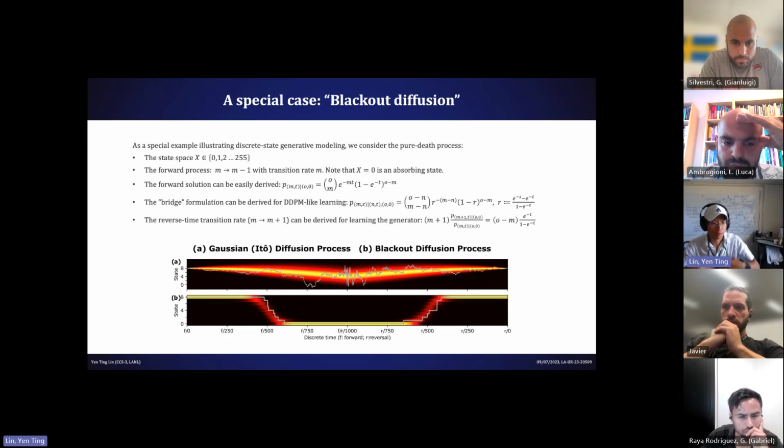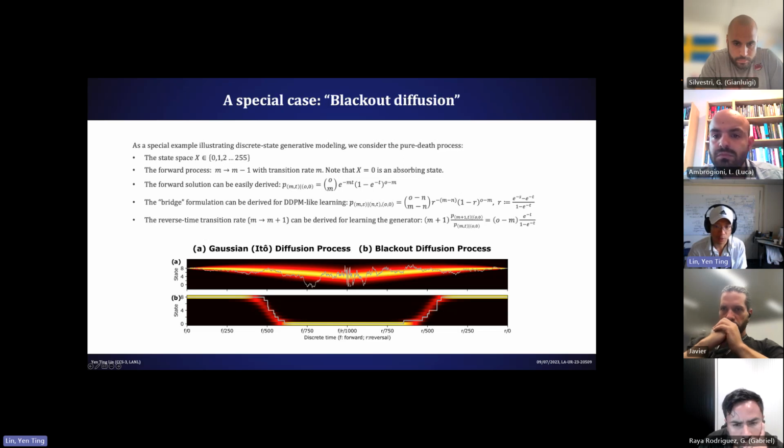So to give intuition of what's going on here, here is a simple process. Suppose the state is 0 to 8, nine discrete states, and we start from 8, the maximum. For Gaussian, you basically perform a Gaussian Ito process, and then you converge to the mean around 4, and the terminal time distribution here. Left-hand side is the forward, and the right-hand side is the reverse time process.